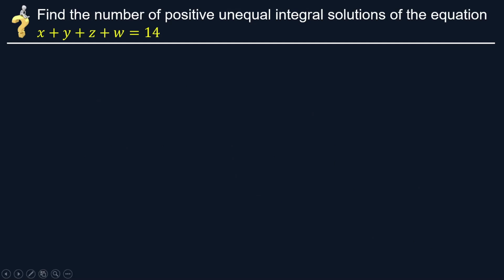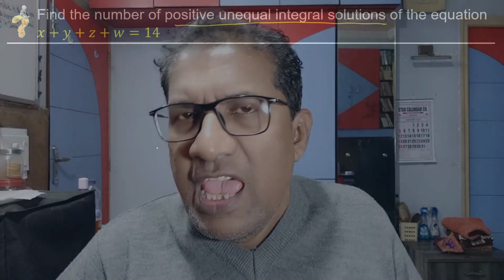See this question. This is the same type of question but with a different flavor. Find the number of positive unequal integral solutions. You see, so far in whatever sums we have done, any object can go to any place, that is for x, y and z.